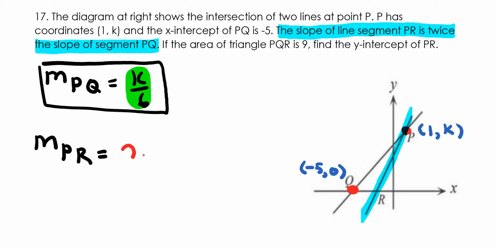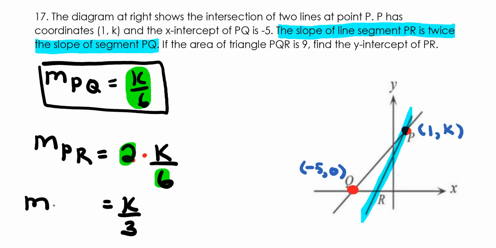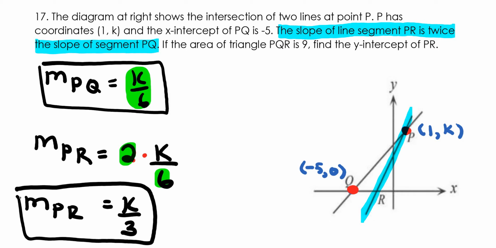So I need to times that by 2, right? So it is twice the slope, so 2 times that. And we do this fraction operation stuff all the time in Math 10. So 2 divided by 6 is 1/3. So it's really k over 3. All right, so the slope of PR is k over 3. Okay, that's pretty good.